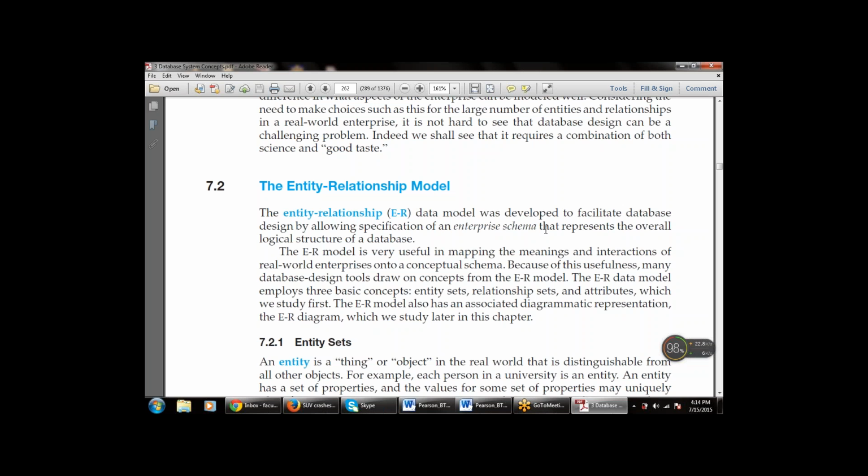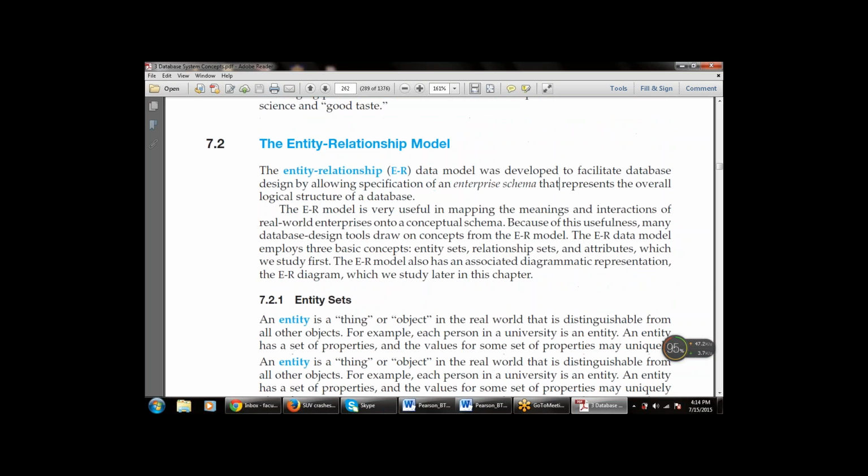The ER model was developed to facilitate database design by allowing the specification of an enterprise schema, which represents the overall logical design of the database.